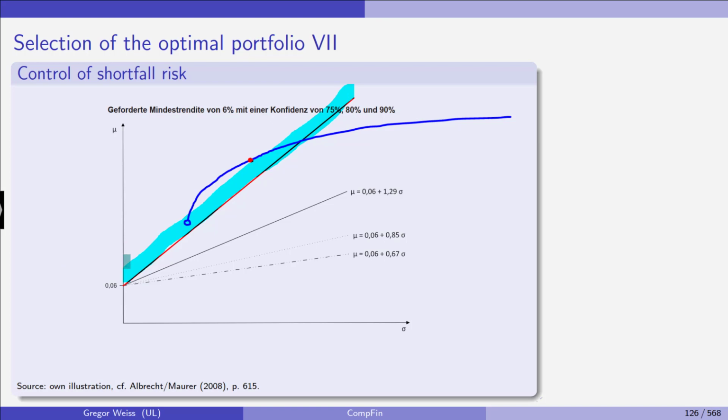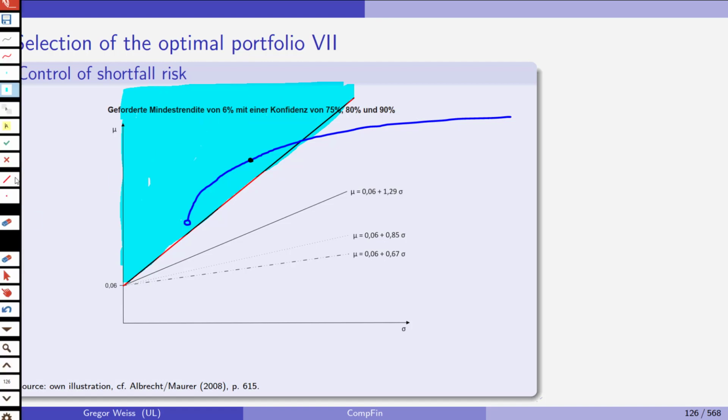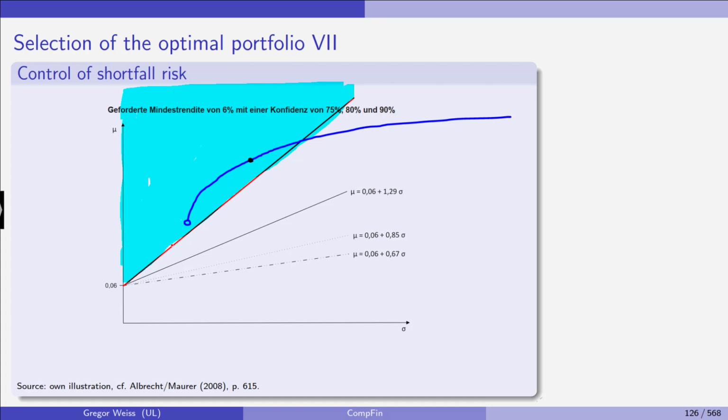Because we are demanding in our constraint that only portfolios for which the return is higher than our shortfall constraint, only these points are feasible. So this means, you get the idea, that only portfolios in this turquoise area are feasible and satisfy this constraint. So actually we have to look at this area here.